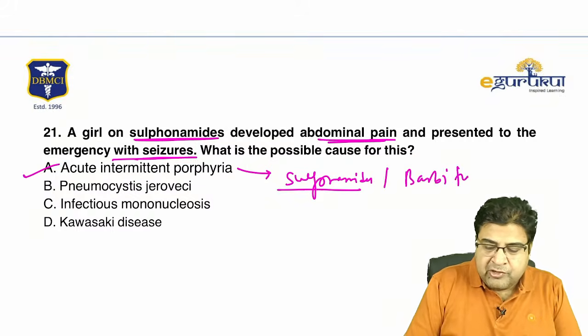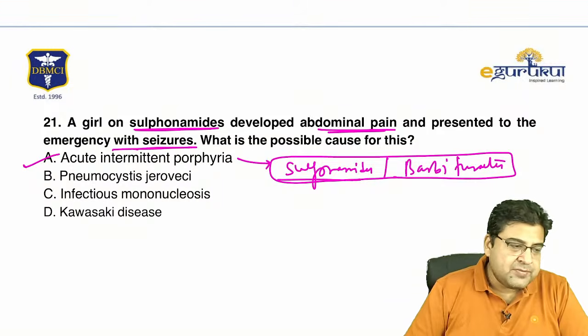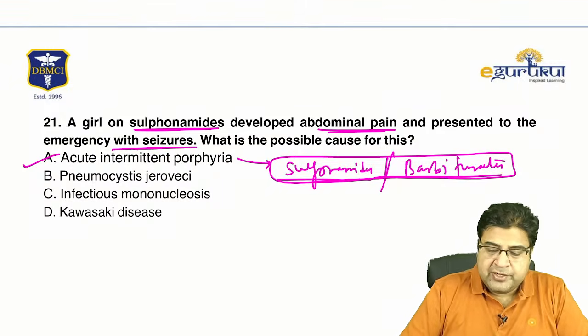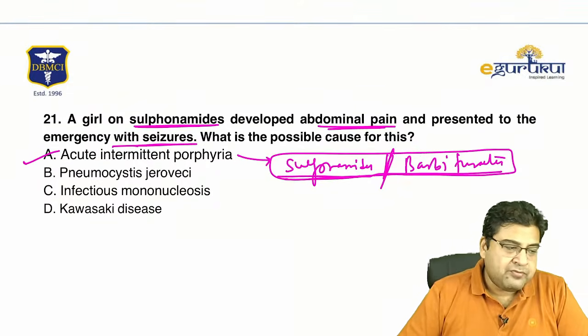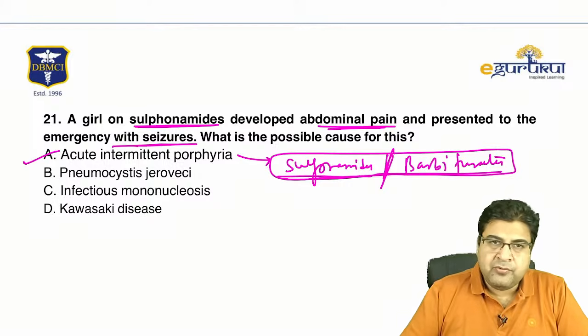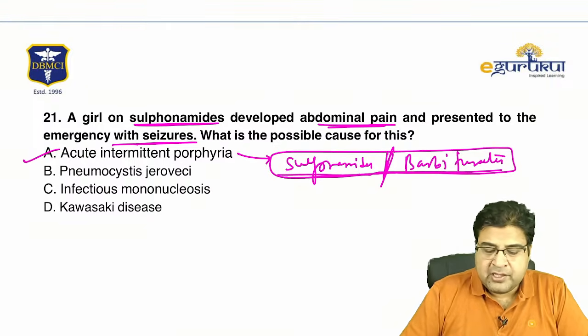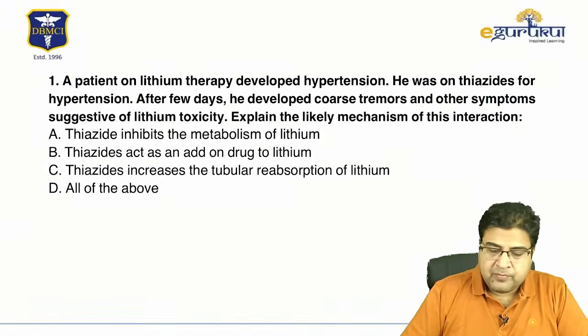From your examination point of view, you have to just remember the names of two groups of medicines which are avoided in porphyria patients. Sulfonamides and barbiturates can precipitate symptoms of porphyria. So answer is A. Now let's move on to the next question.